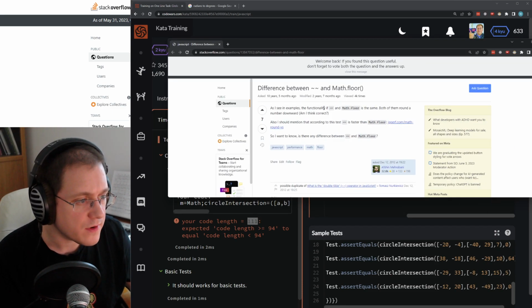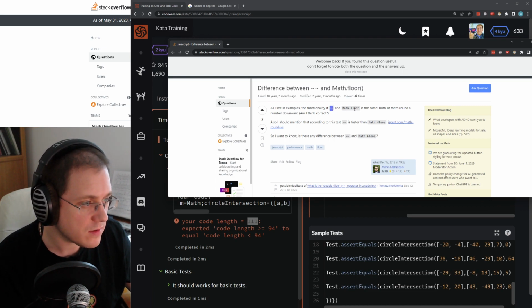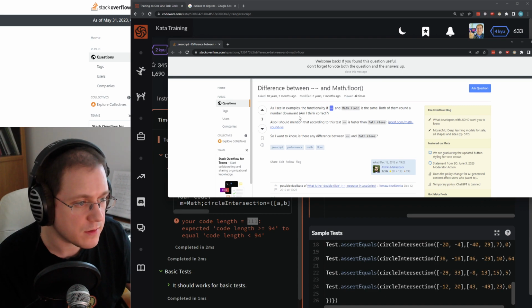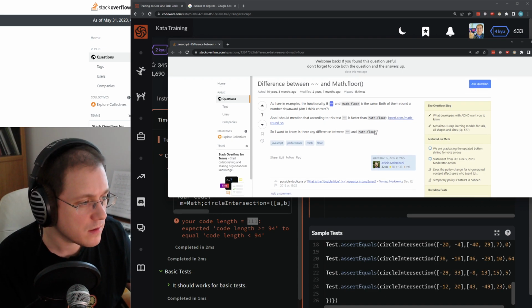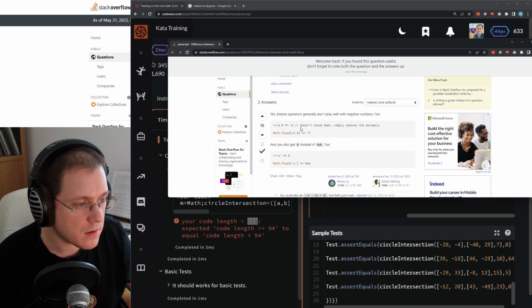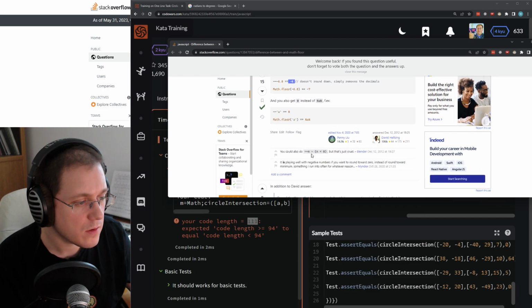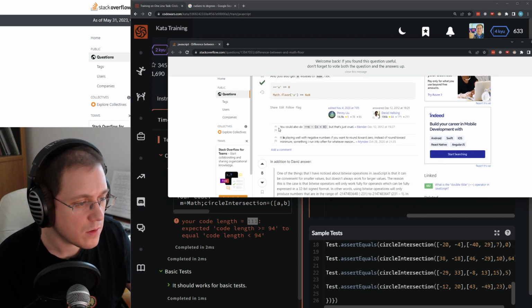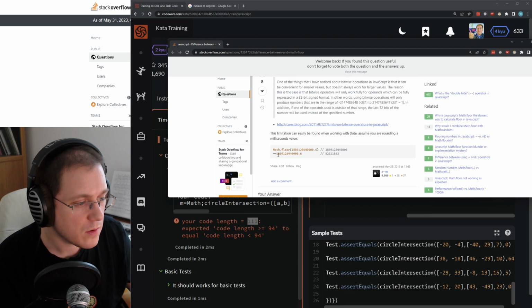As in the examples, the functionality of tilde and math.floor are the same, but both of them round to a number. Yeah.